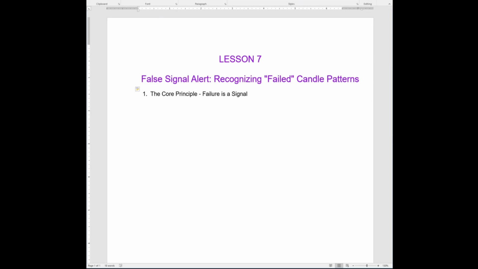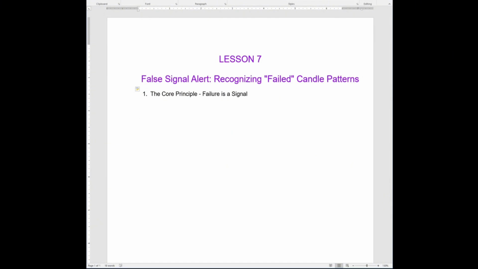The candles are warning us, giving us the alert. And in trading, the failure of a common pattern is proof that the opposing side lacks the strength to maintain its position. So this is the core principle we need to remember for today's lesson.